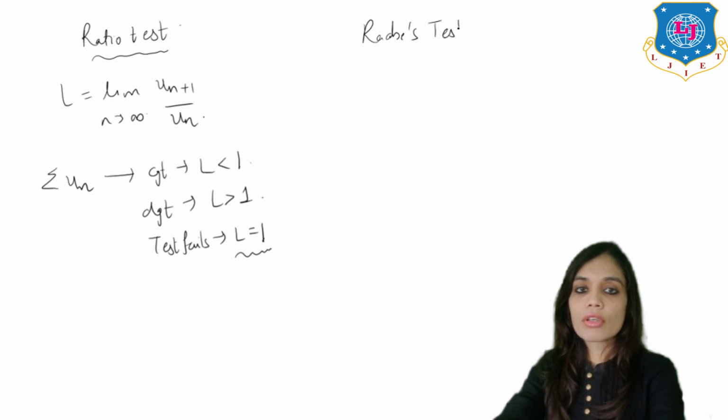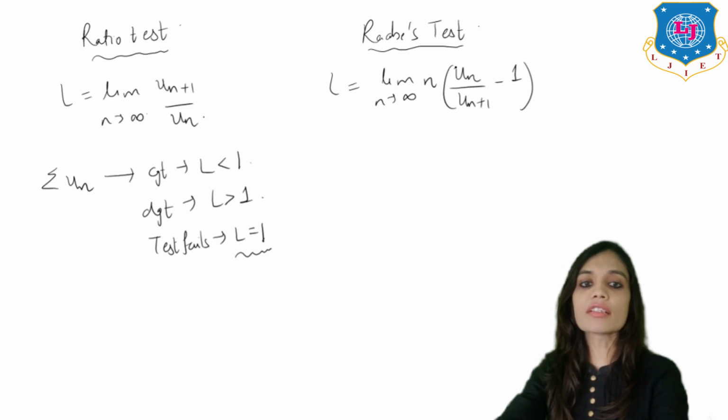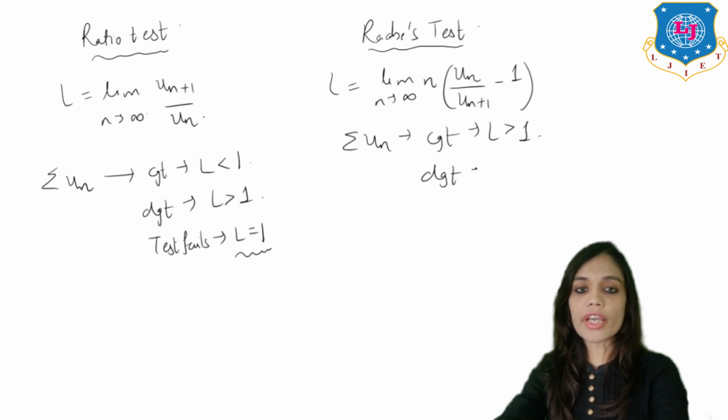In this we have to find L equal to limit n tends to infinity n times, taking the reciprocal, (un upon un plus 1 minus 1). Since we have taken the reciprocal, this will change. So the series un will be convergent when L is greater than 1, divergent when L is less than 1, and here too the test fails whenever L is equal to 1.